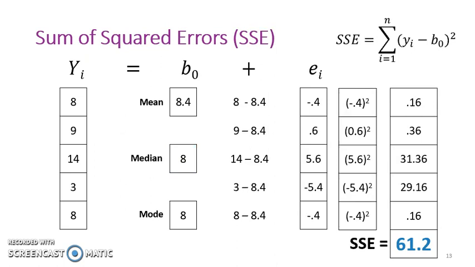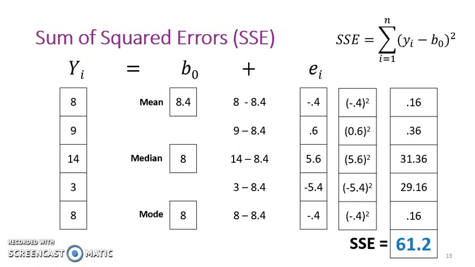For the sum of squared errors, the best estimator of B0 is the mean. The column under the plus sign uses the mean now to calculate the difference between each score and the mean. Then each of those calculated differences is squared. Squaring them both makes them positive and gives more weight to those larger errors.